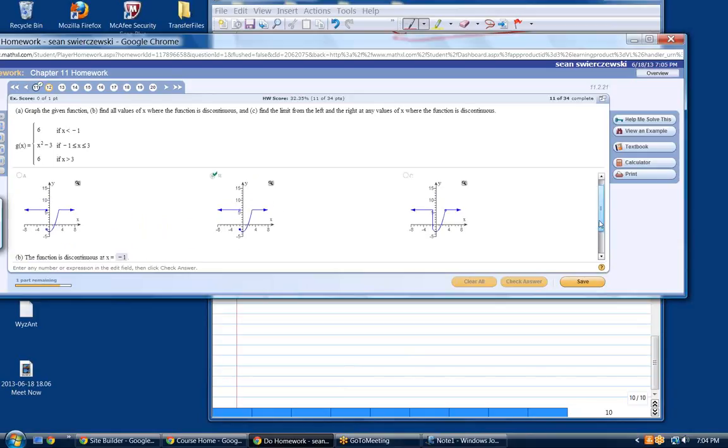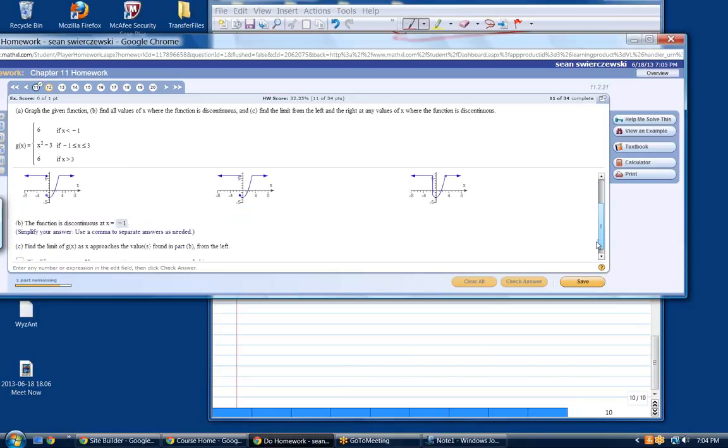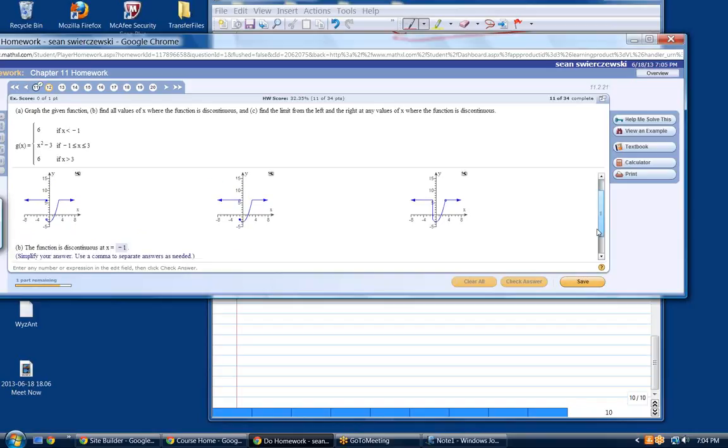Oh, they've got this thing broken up so you can scroll just the lower half. In other words, if I'm looking to approach this point, -1, from the left, then I'm going to go to the left of it and then move to the right. That's the way to think about it: I want to go somewhere to the left of that -1 on the x-axis, put my cursor on the graph of the function, and move towards the right, towards that point.